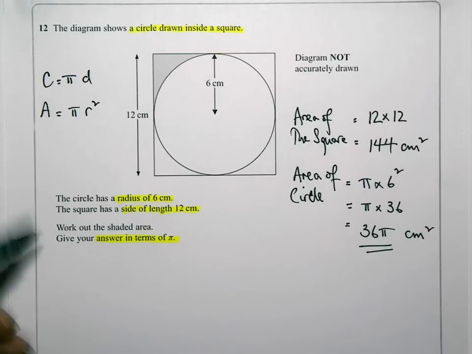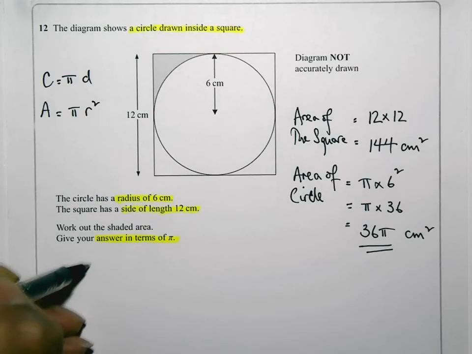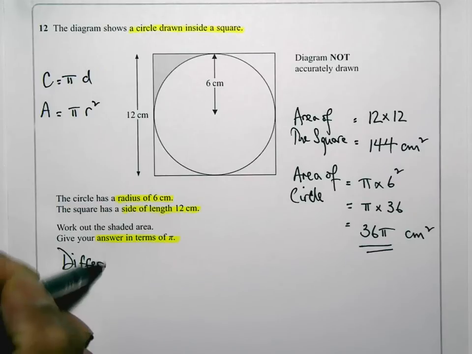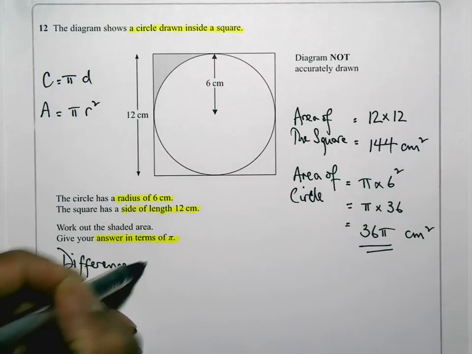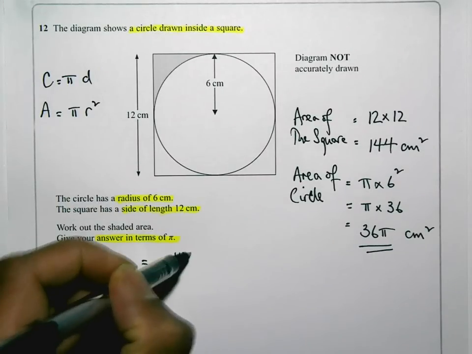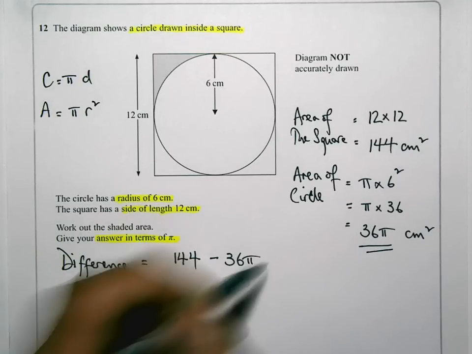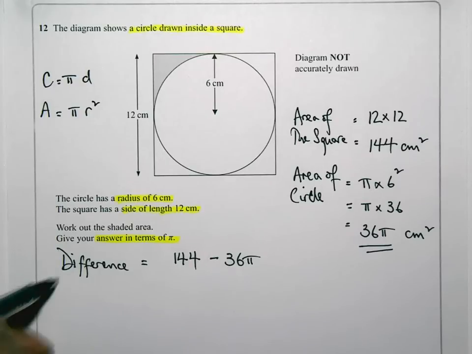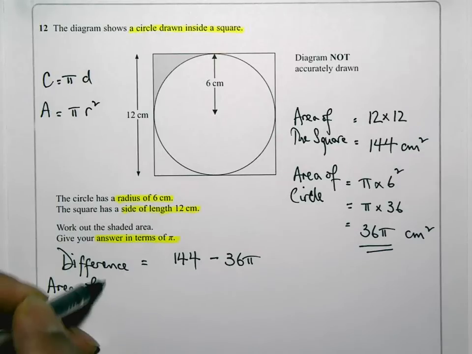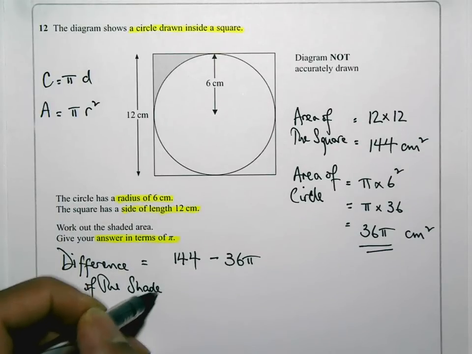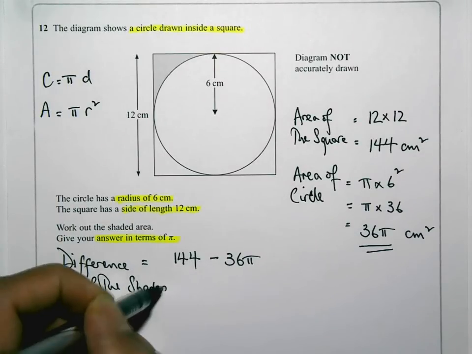So the first thing I'm going to do is I'm going to find the difference, which is going to be 144, the area of the square, take away 36 pi. And so next bit is the area of the shaded region.